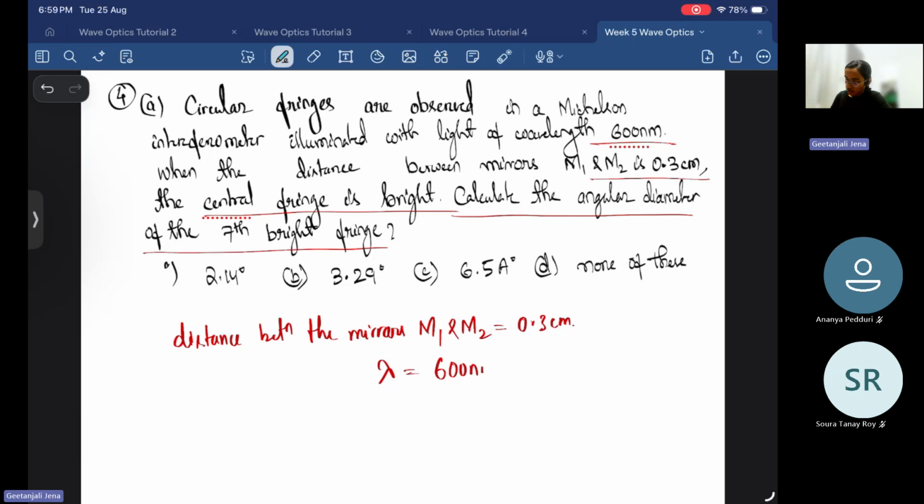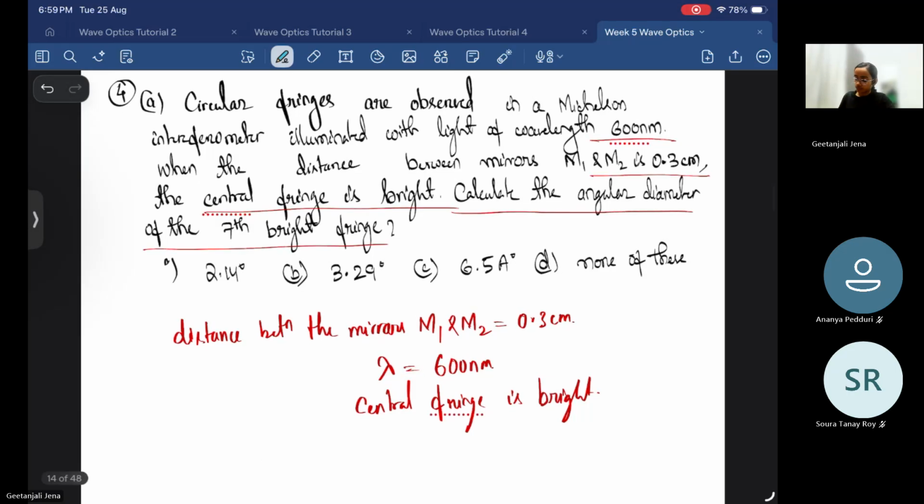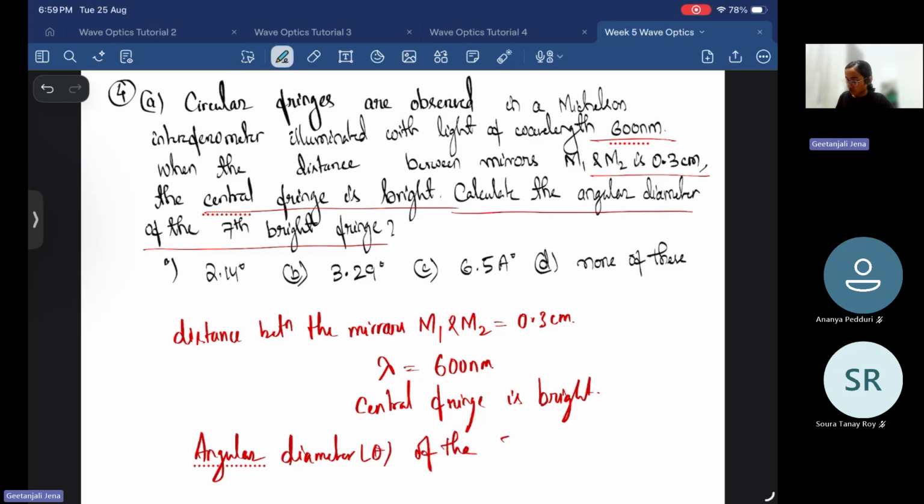Lambda is 600. The central fringe is bright. We need to calculate the angular diameter theta of the seventh bright fringe.